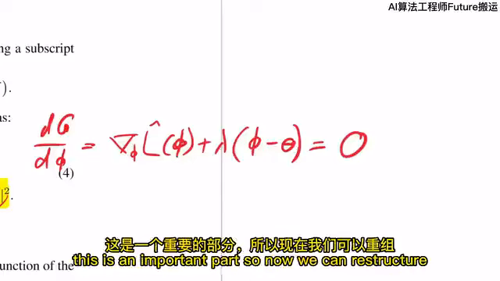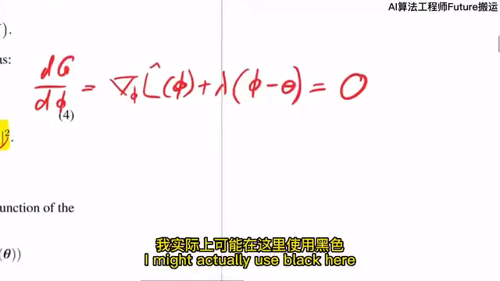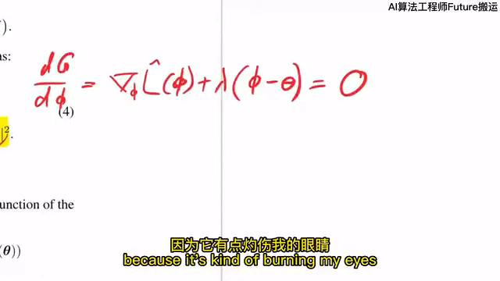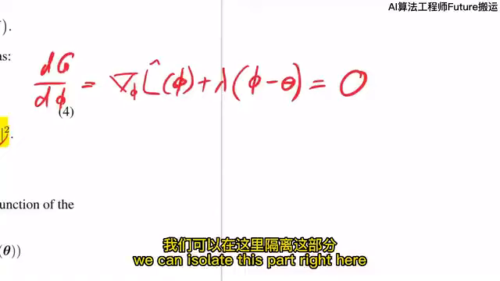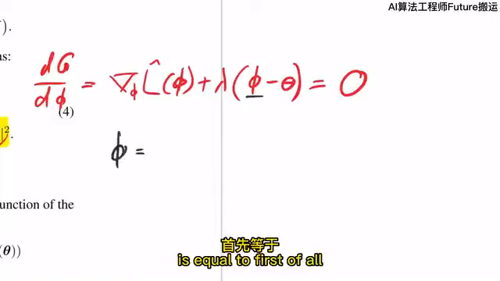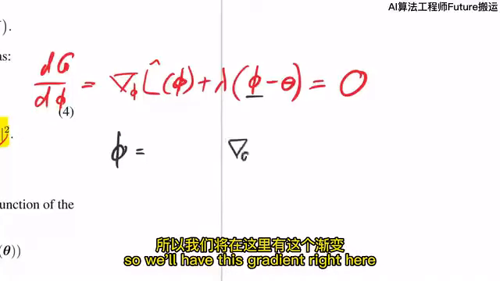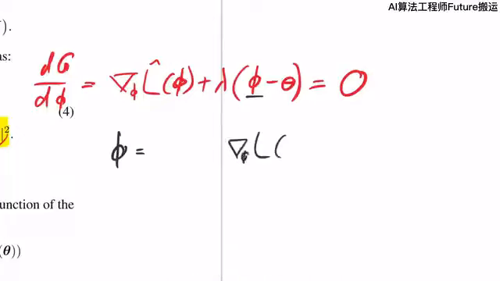So now we can restructure. If we take one to the right, I might actually use black here because it's kind of burning my eyes. We can isolate this part right here. So we say phi is equal to, first of all, let's take this to the right side. We'll have this gradient right here, and I'm just going to write L phi.